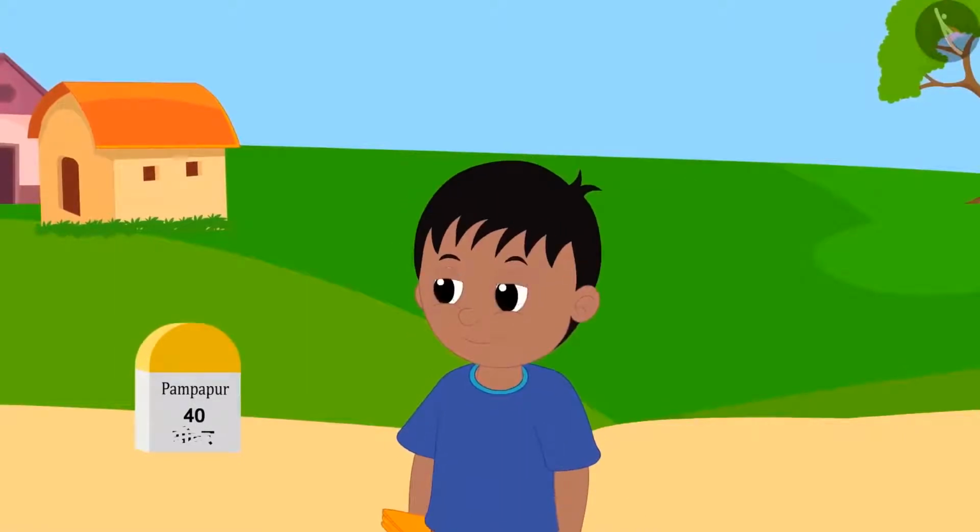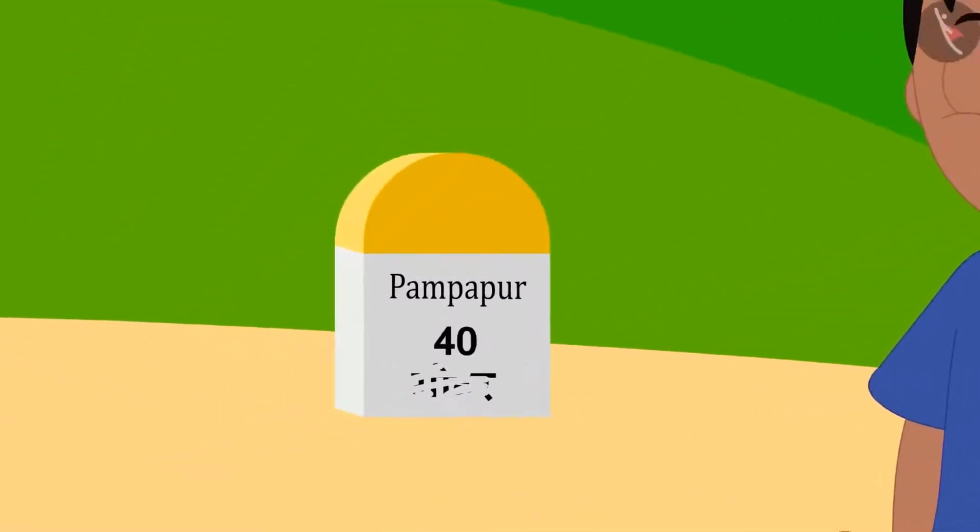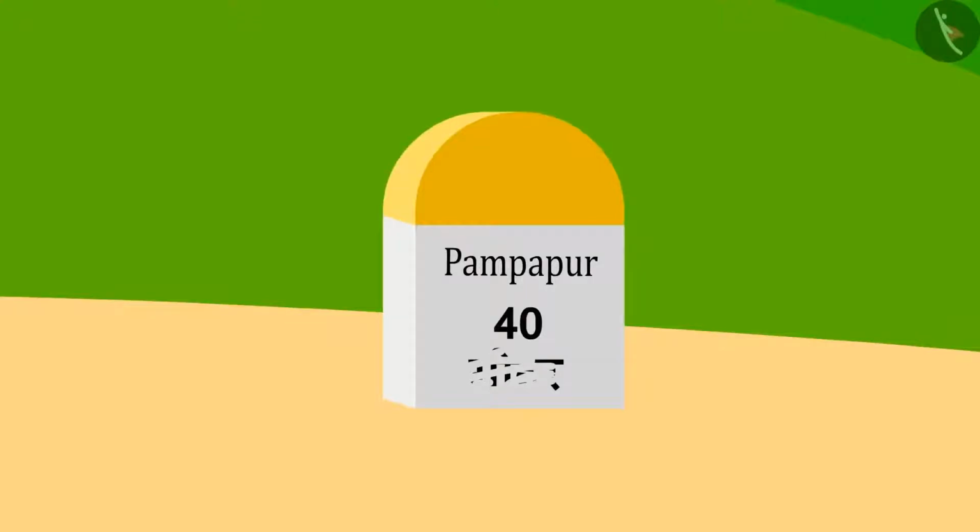Just then, on the way, he saw it was written on a stone plate on the ground, Pampapur 40. But the unit below was erased.